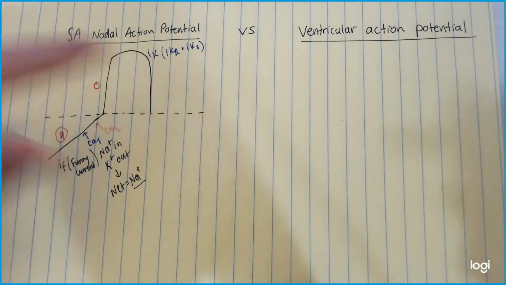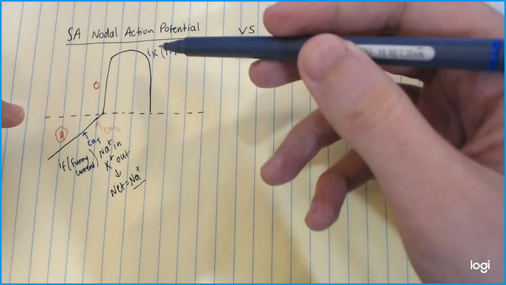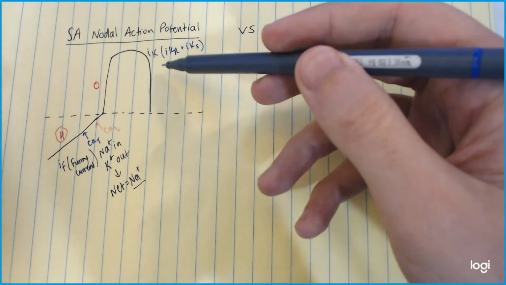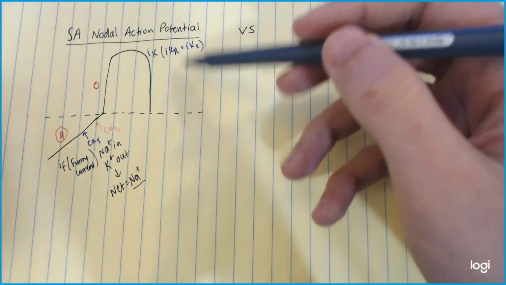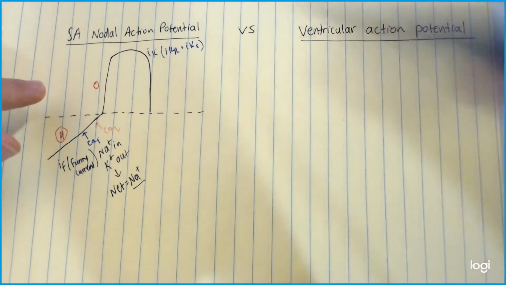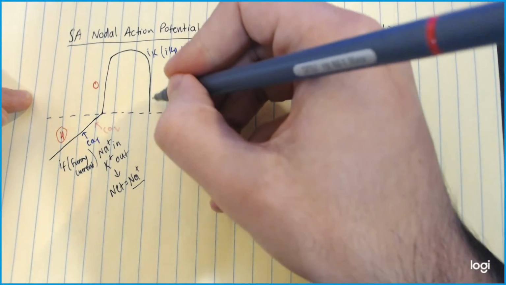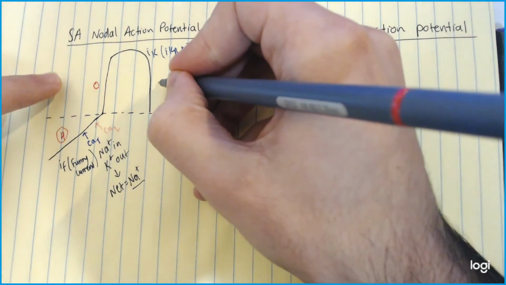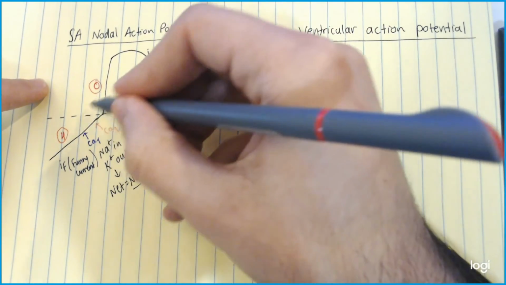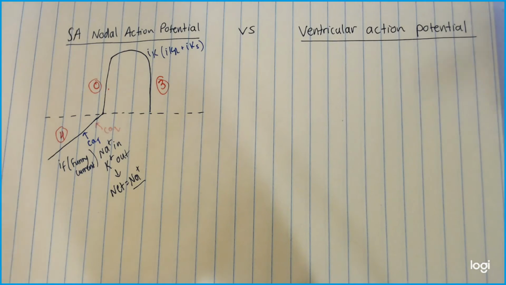You don't really have to know the difference mainly, but specifically for this, both of them open, and that's why you get potassium out of the cell, causing hyperpolarization. And so this downward trend, that is number 3. So we have 4, 0, and 3. So those are the 3 that you have to know.